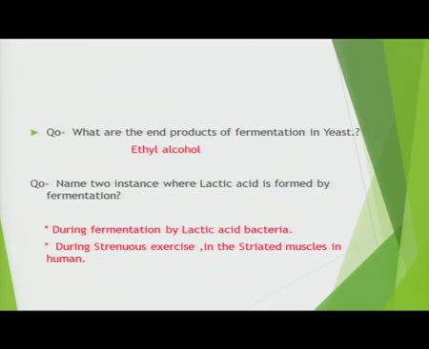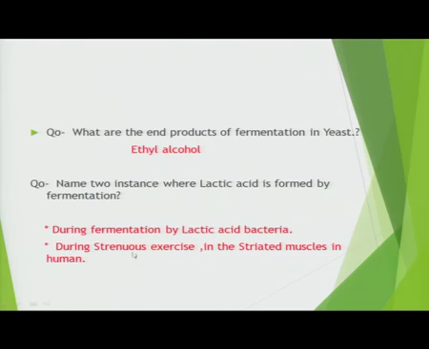The last question was, name two instances where lactic acid is formed by fermentation. First, during fermentation by lactic acid bacteria, which is involved in the conversion of milk into curd.